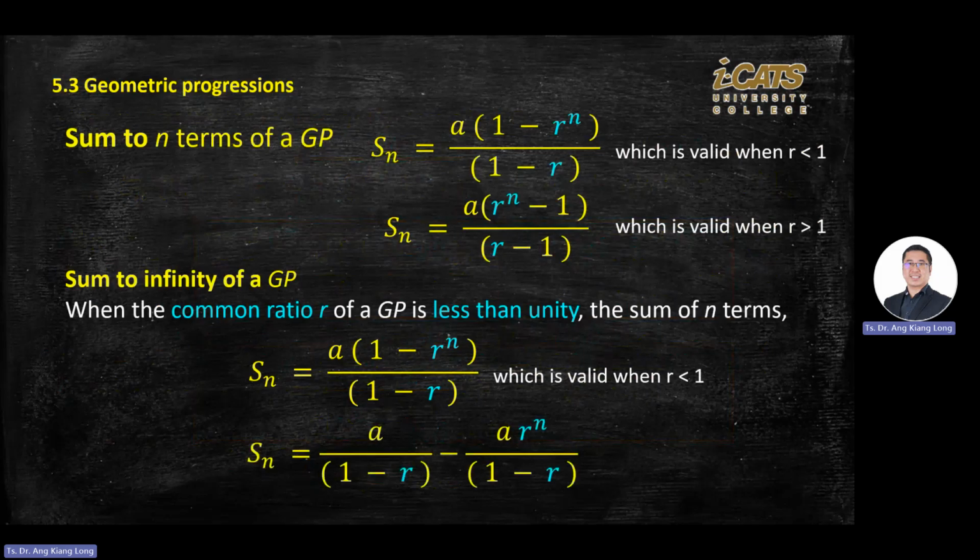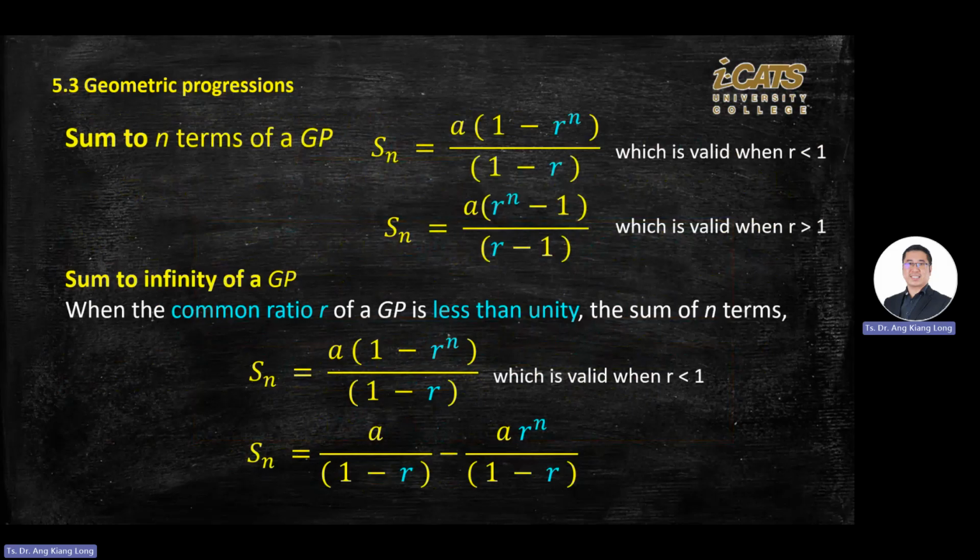At the end, if you rearrange the equation, you can split it. This bracket, 1 minus R to the n, you can split into two factors: a divided by 1 minus R, and minus a R to the n divided by 1 minus R. Still the same equation.